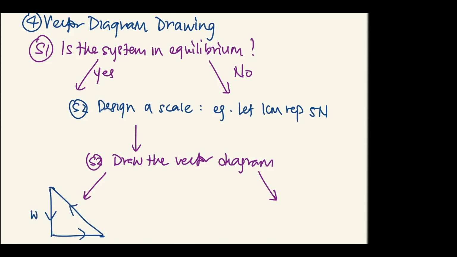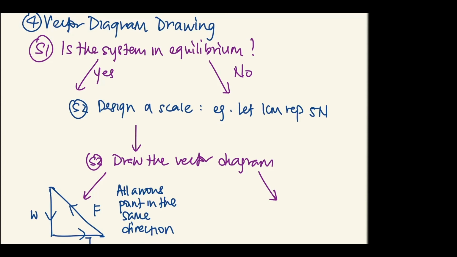Let's just call this weight, this tension, this force. 3 random forces. All arrows point in the same direction. Okay, that's equilibrium. All the arrows will point in the same direction.